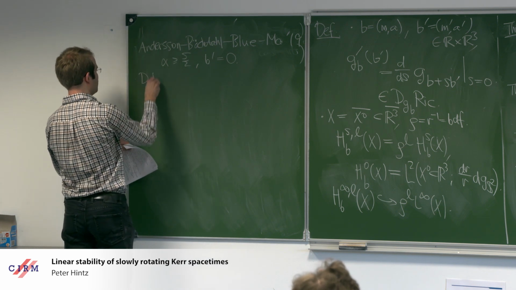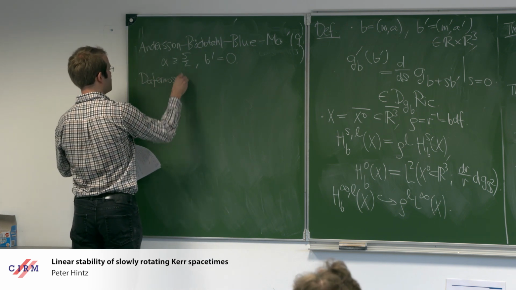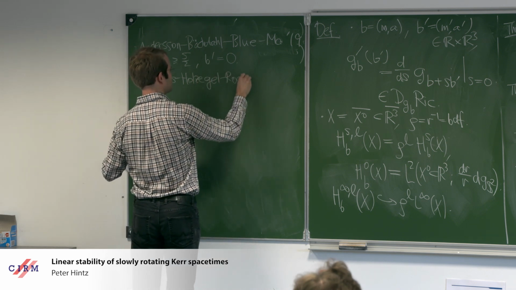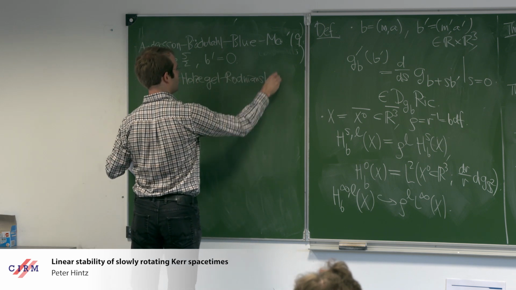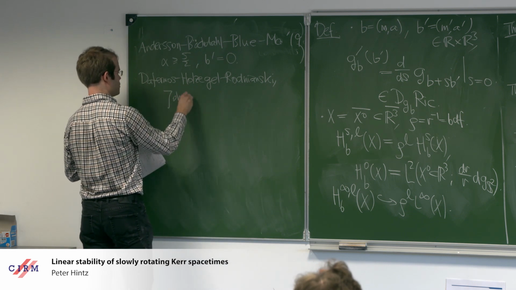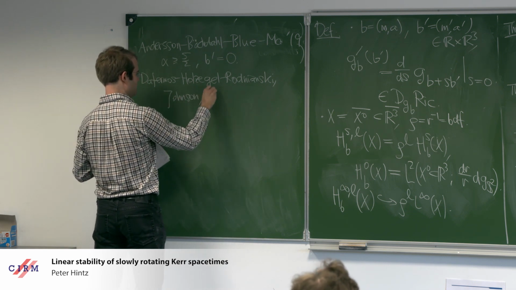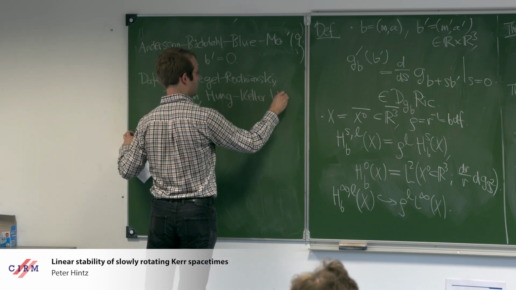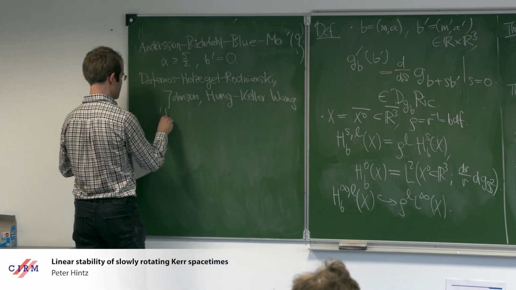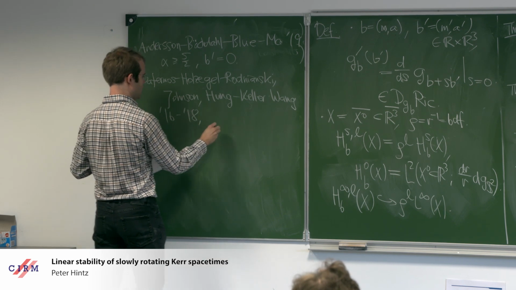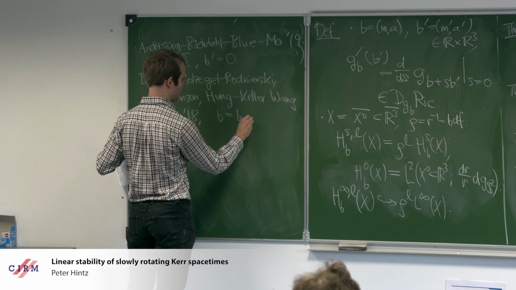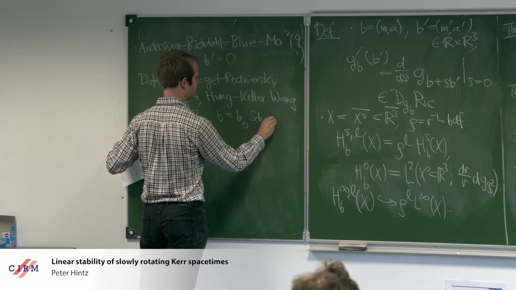And then there has been lots of previous work by Rodnianski, Tom Johnson, Hong, Keller, and Wang, in '16 and '18, for the case that you look at a perturbation of a Schwarzschild spacetime.